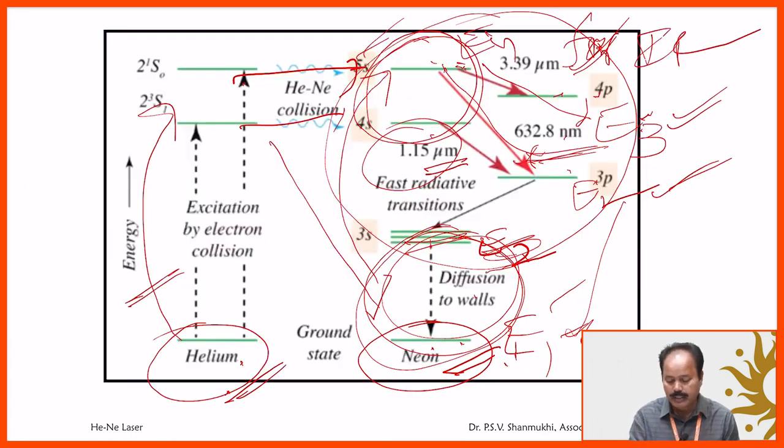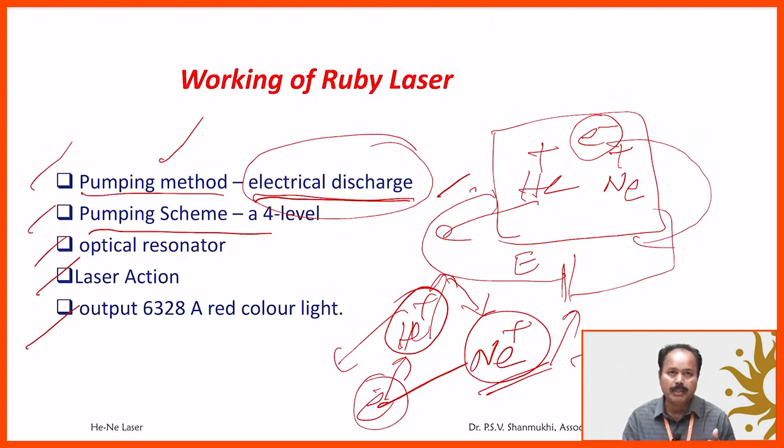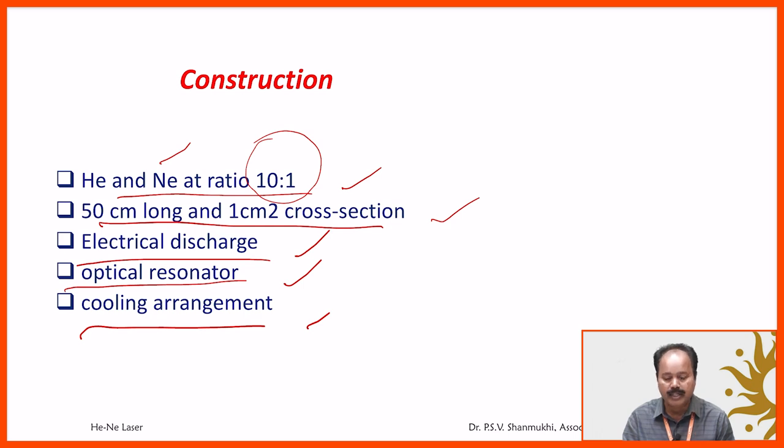Now, coming to neon, there are so many energy levels. This belongs to a 4-level pumping scheme. We have to concentrate on some points. What is the pumping method? Electrical discharge method. What is the pumping scheme? 4-level pumping scheme. And is there any optical resonator arrangement?